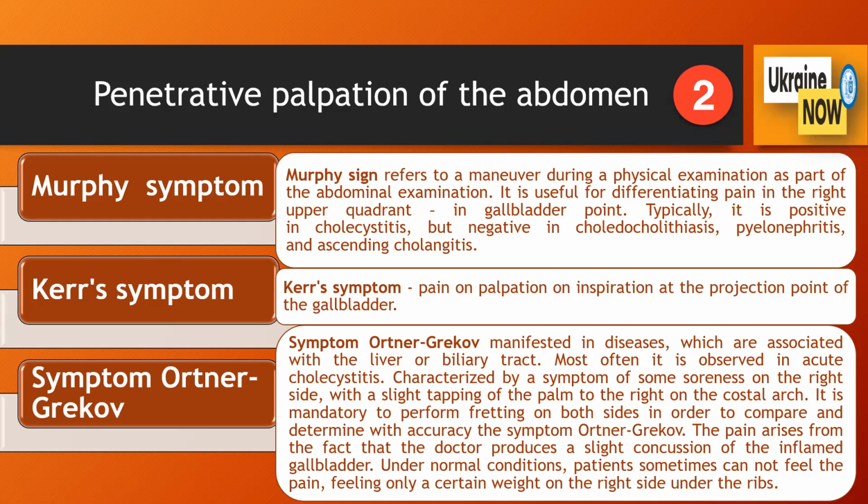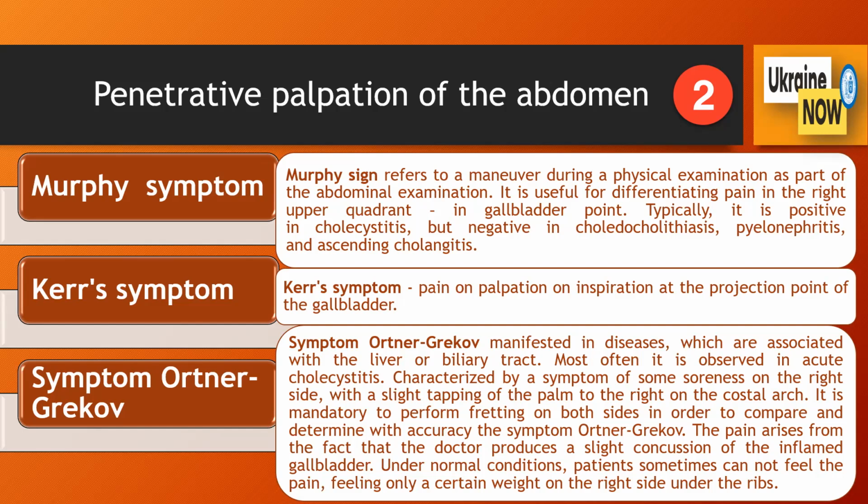Ortner-Greco symptom manifests in diseases which are associated with the liver or biliary tract. Most often, it is observed in acute cholecystitis, characterized by soreness on the right side with a slight tapping of the palm on the right costal arch. The pain arises from the fact that the doctor produces a slight concussion on the inflamed gallbladder.